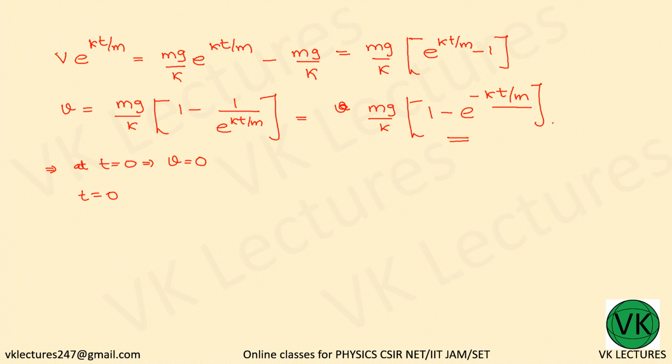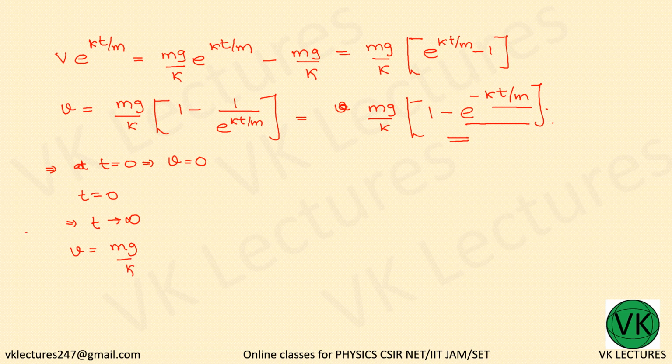So 1 minus 1 becomes 0. When t is going to infinity, this entire term will go to 0. That means 1 minus 0 will be the answer. So as t tends to infinity, your v will be equal to mg by k.